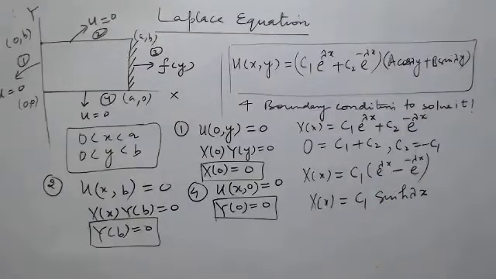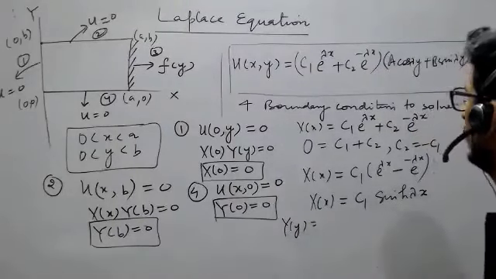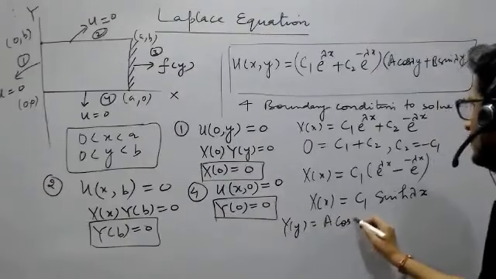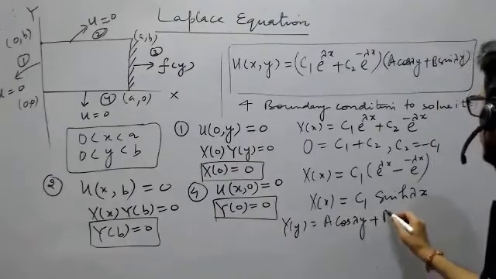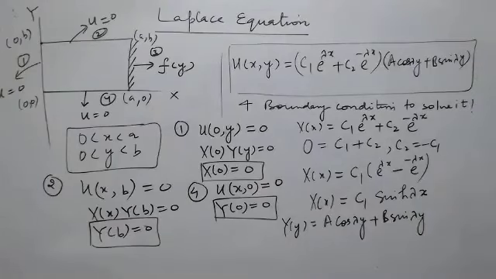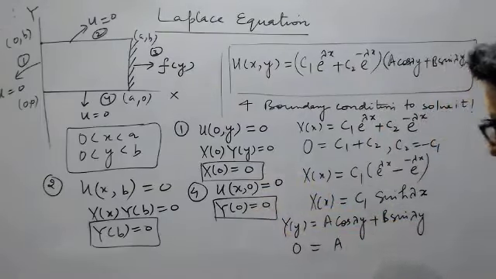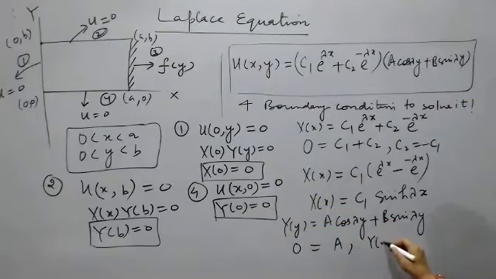Now what? Y(y) is equal to A cos lambda y plus B sine lambda y, and Y(0) is equal to 0. So 0 is equal to A. So that means Y(y) will become B sine lambda y. Is that okay?